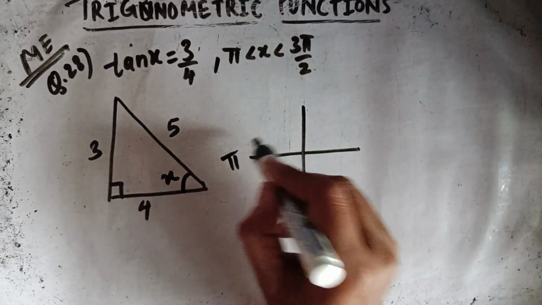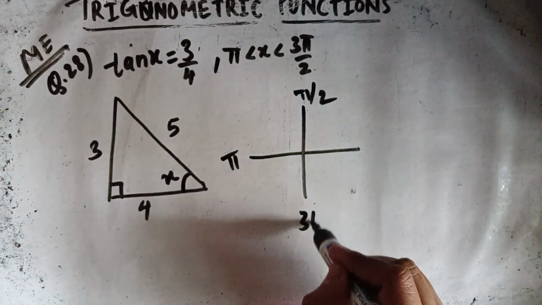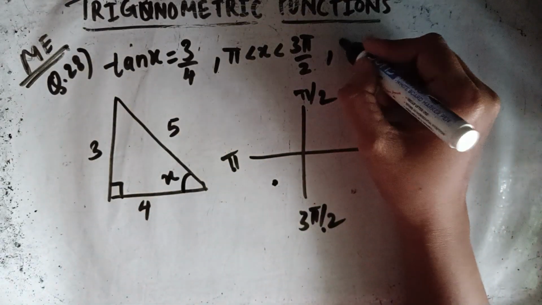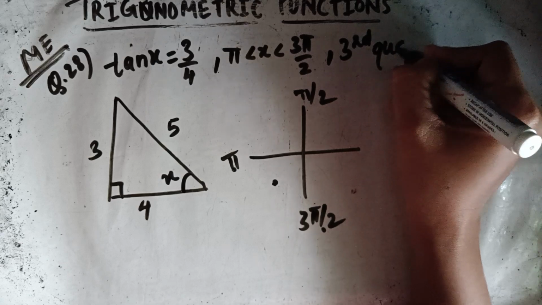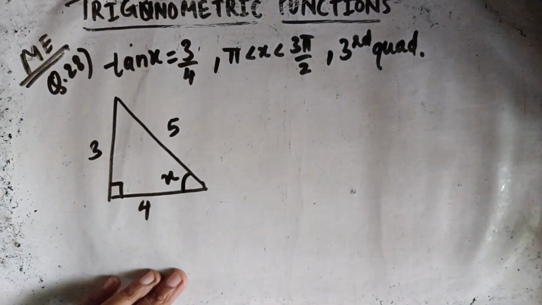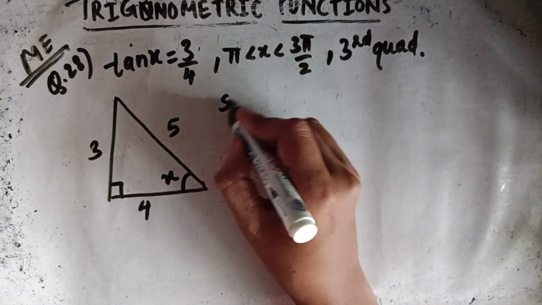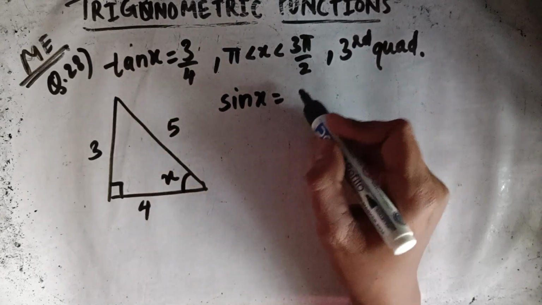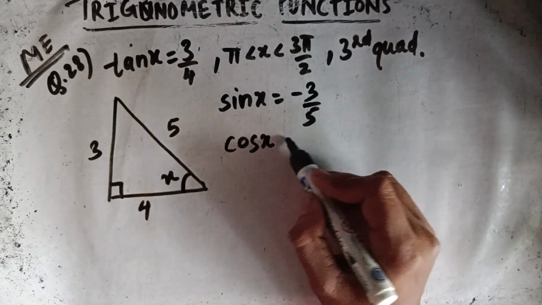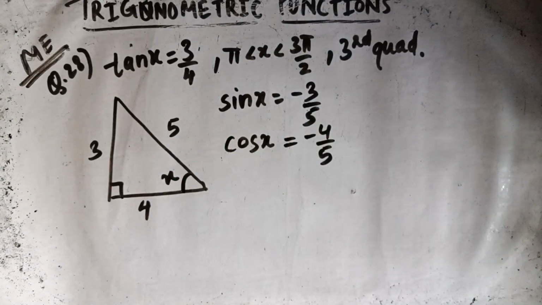We know that this is pi by 2, this is 3 pi by 2. x lies between pi and 3 pi by 2, which means this is in the third quadrant. So sine and cos are negative in the third quadrant, while tan and cot are positive. Sine is negative, minus 3 by 5. Cos is also negative, minus 4 by 5. Now we have to make use of these to find the half angle.